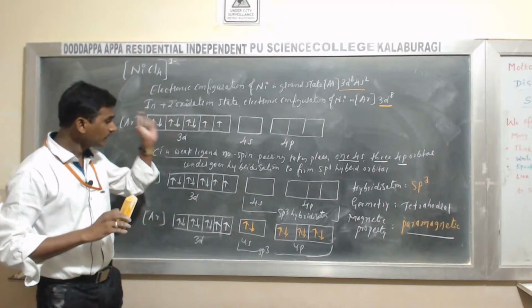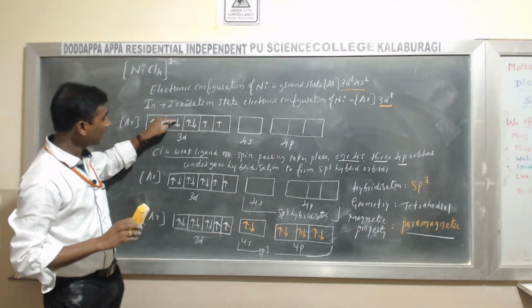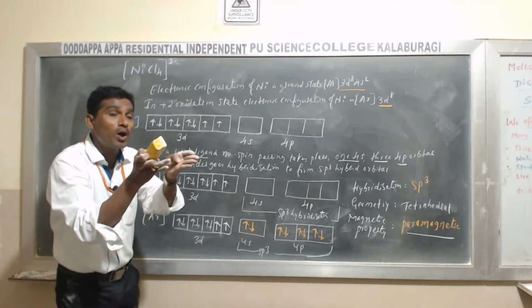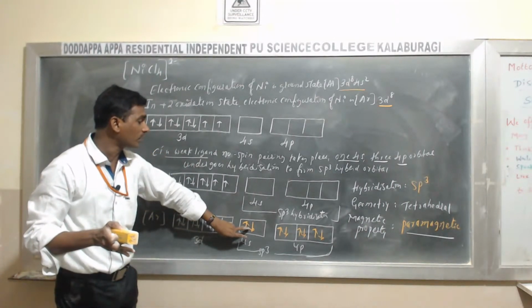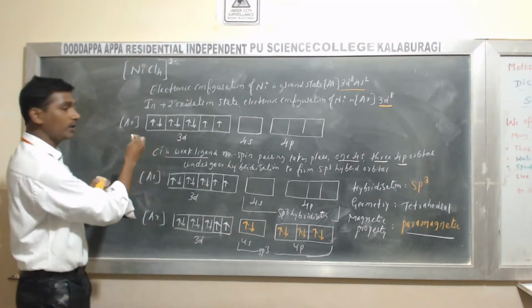The next and last point is that the vacant orbital of the central metal atom overlaps with the electrons of the ligand, the filled orbital of the ligand. It gives a coordinate covalent bond.